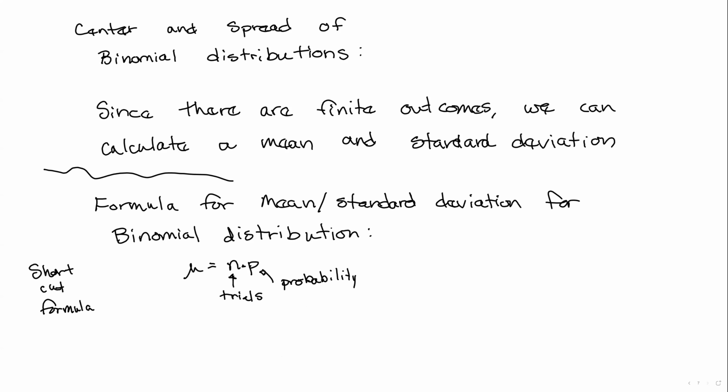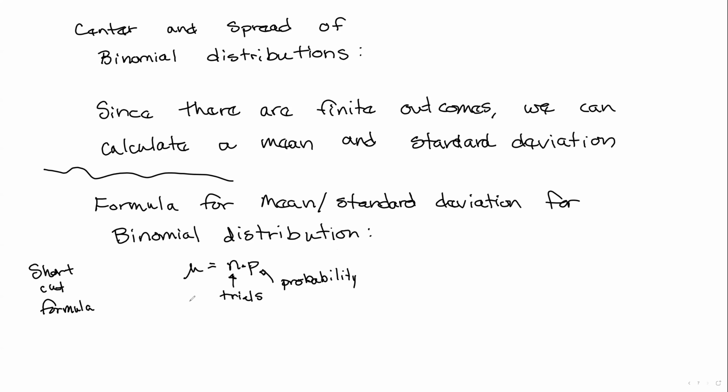That's it. All you have to do is take the number of trials and the probability, multiply them together, and that's going to get you the mean. And that's still the balancing point, just like the previous examples for the way that we define mean. It's the exact same mean that we've used all along, same definition, just a new fancy shortcut formula that only works for binomial distributions. So don't use this on anything else.